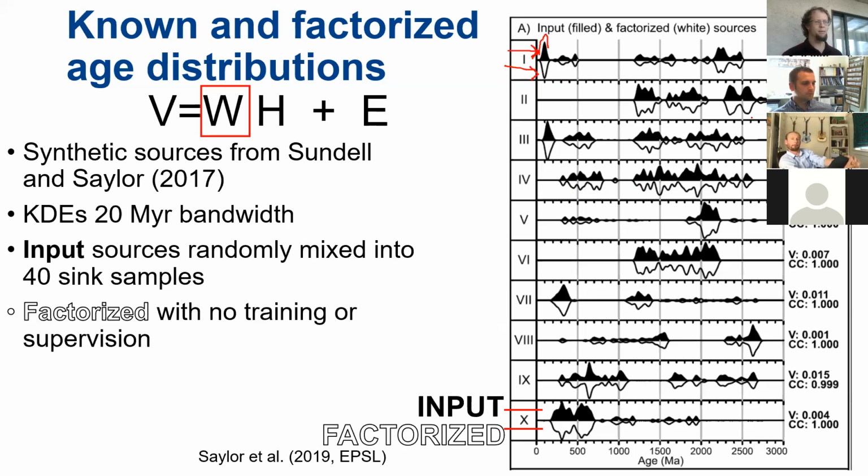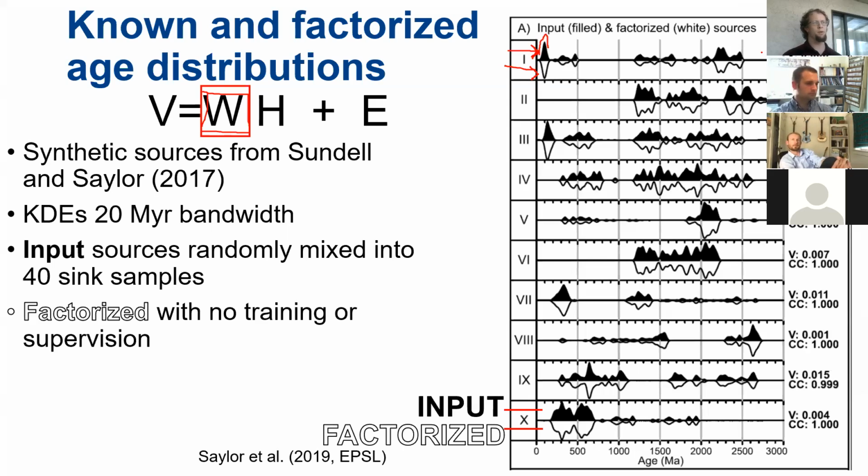And what we found is that essentially we were able to fully recover the distributions using this NMF routine. So in terms of recovering our basis function, the distribution of ages, W, we were able to fully recover those.